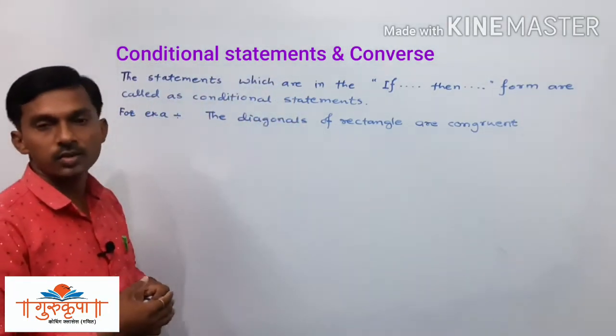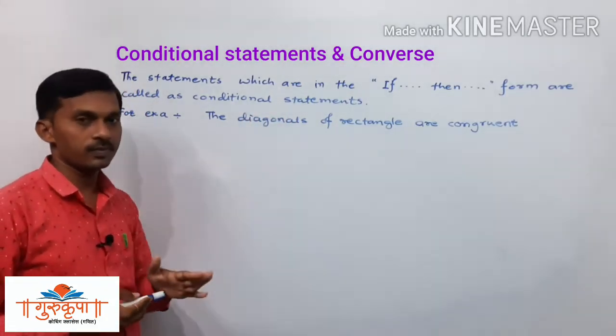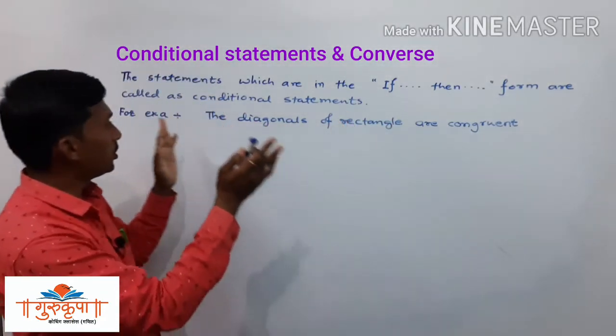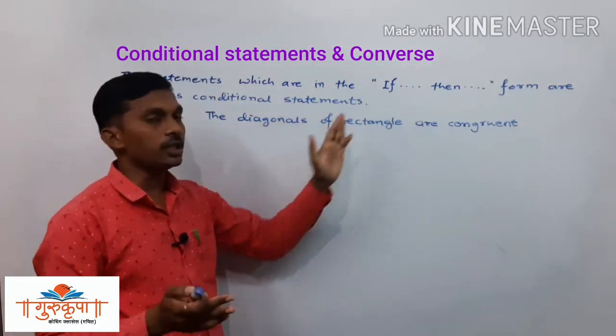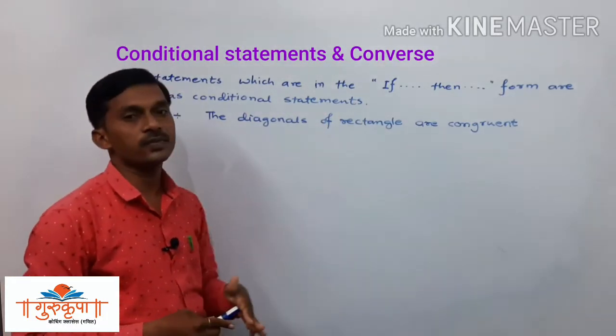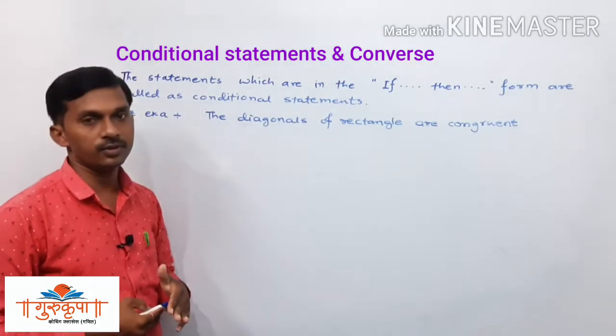The diagonals of the rectangle are congruent. It is a simple statement. There is no if, there is no then in the given statement. So it is not the conditional statement, but we can write it as a conditional statement.